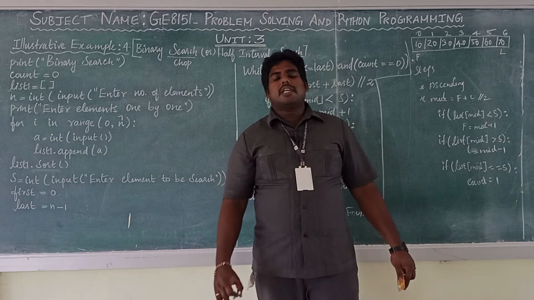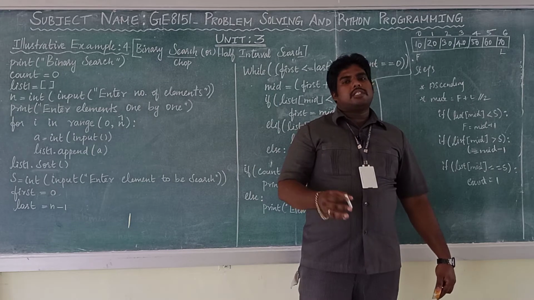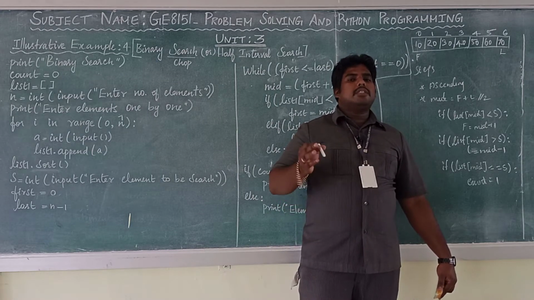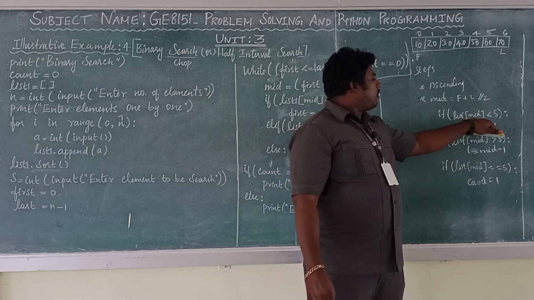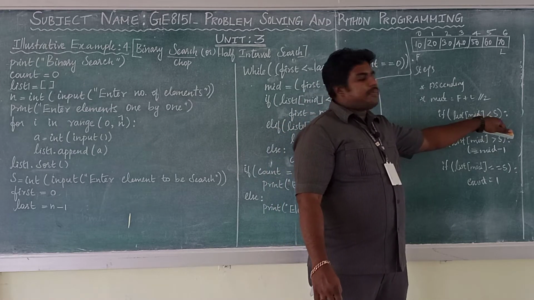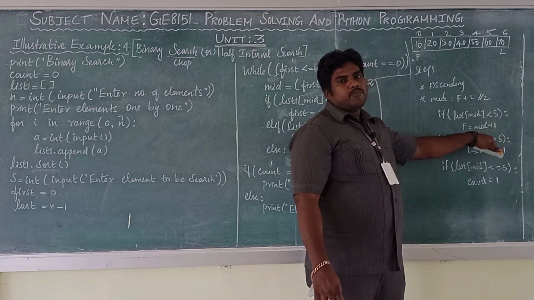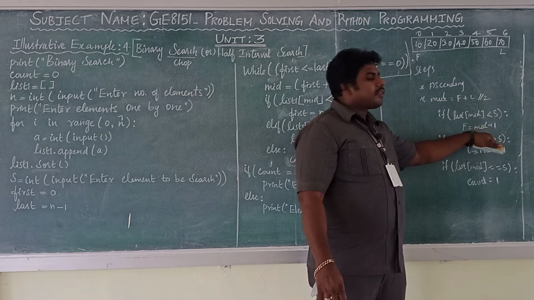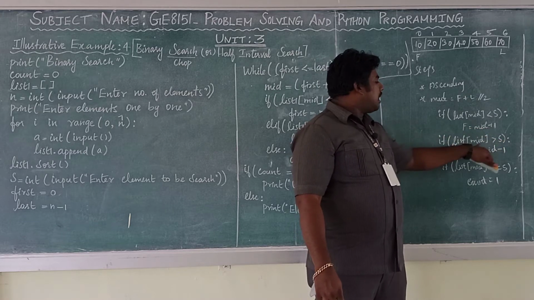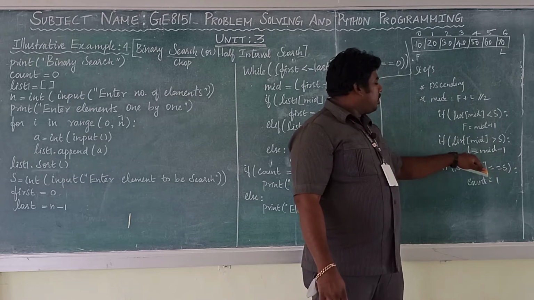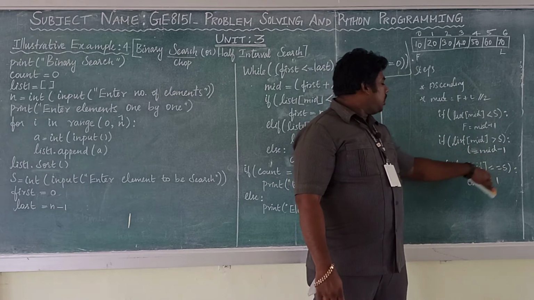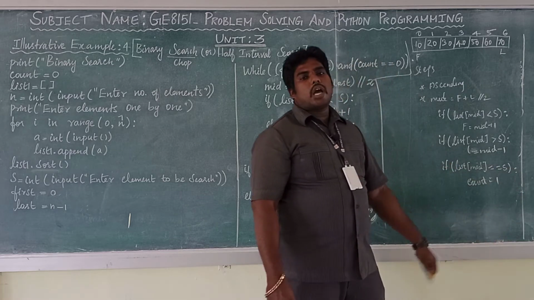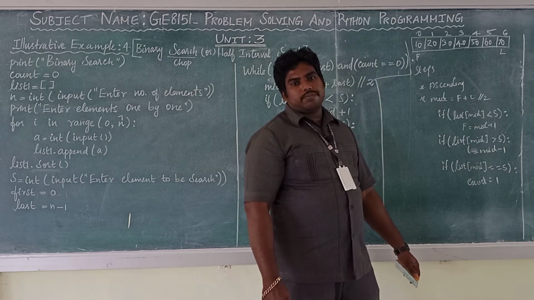If list of mid is less than the search element, you have to increment the first. If it is greater than the search element, you have to decrement the last. If it is equal to the search element, you have to increase the counter value.